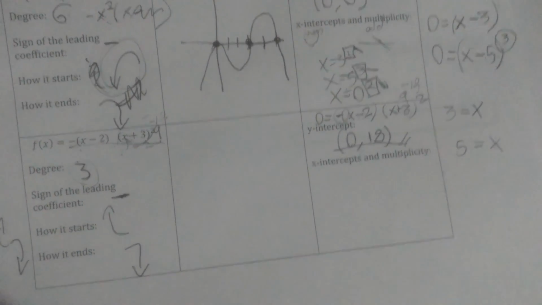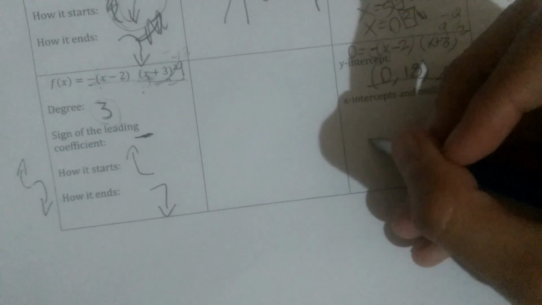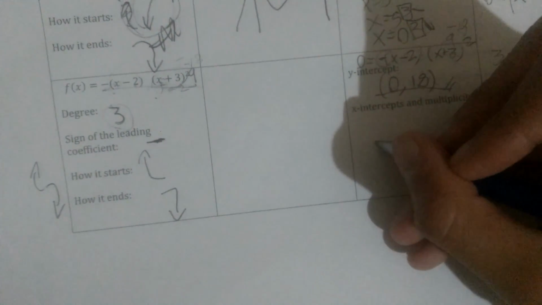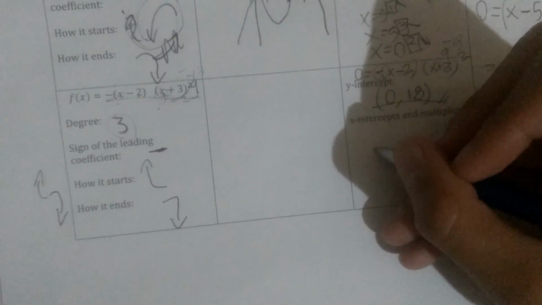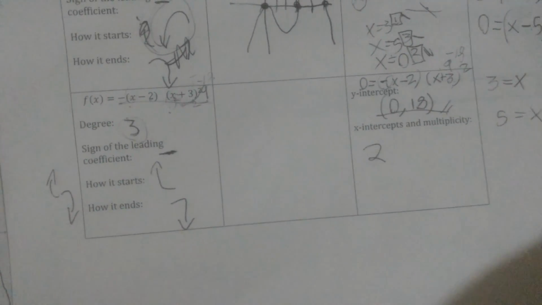The next is the x-intercepts. This is easier. The x-intercept is the minus 2, but it is multiplied by a negative, so it would be plus 2. So it would be 2, and the other is minus 3.